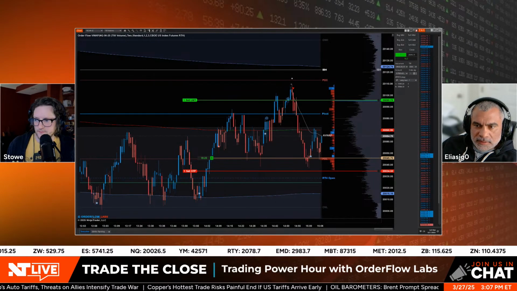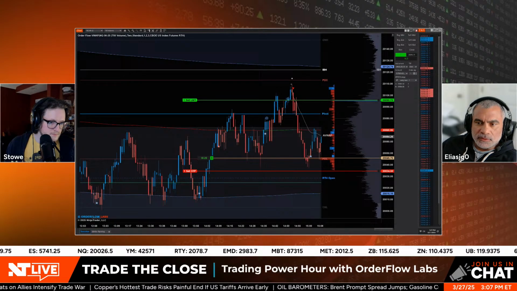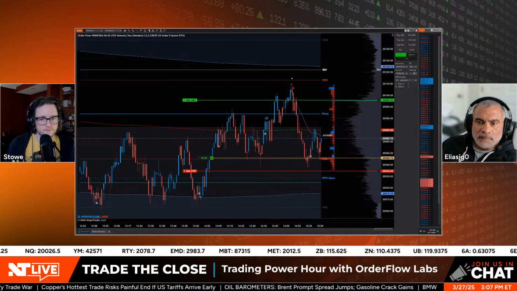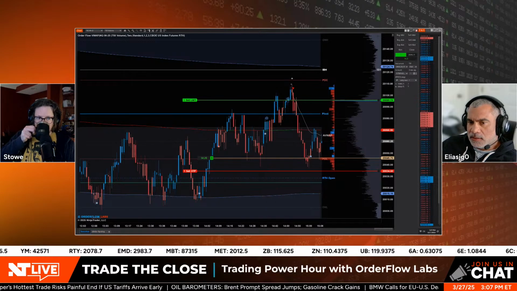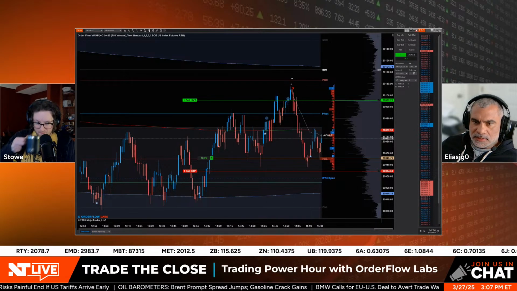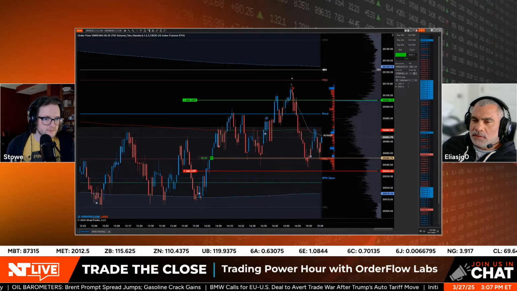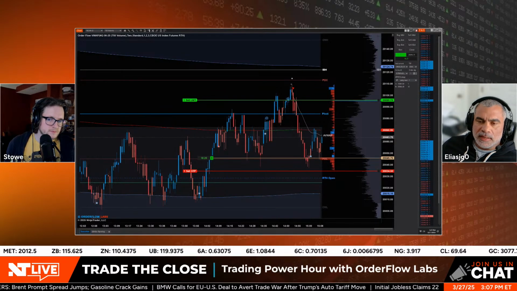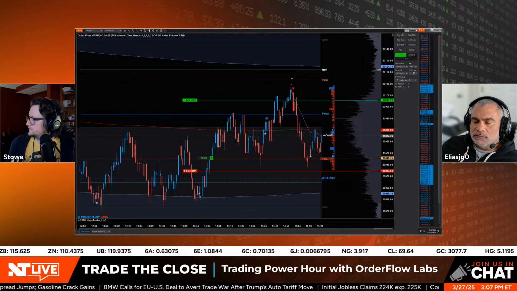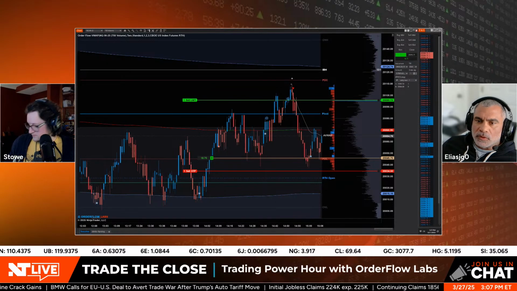Someone's asking, what is your typical R ratio you go for in each trade? Depending on my sizing, I would try to get half of my position off at about 1 to 1.5 R, and then hold the rest for 2, 3, 4.